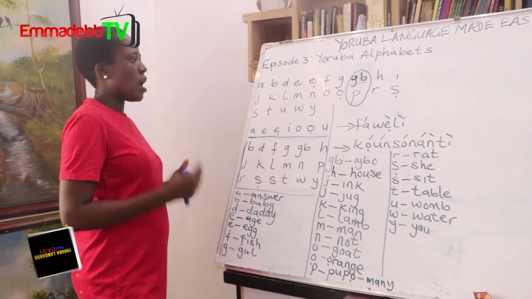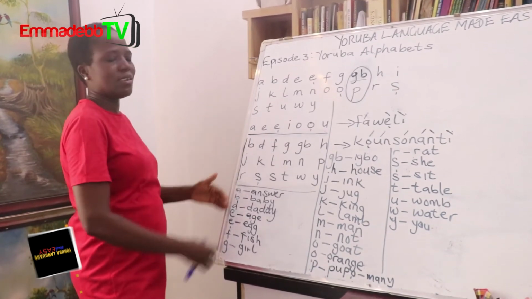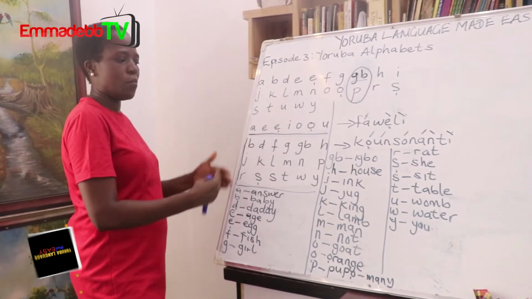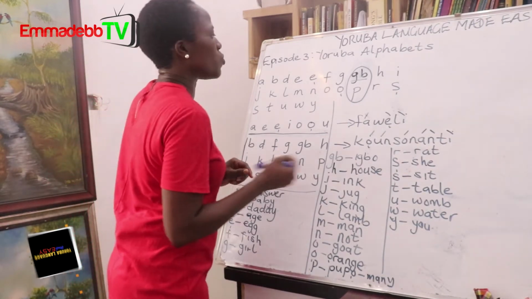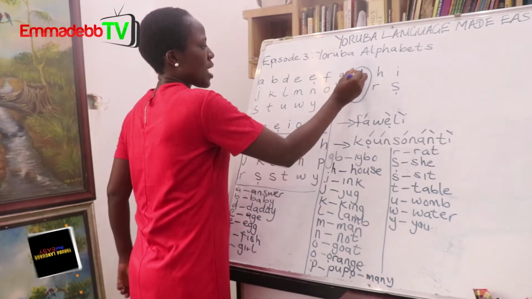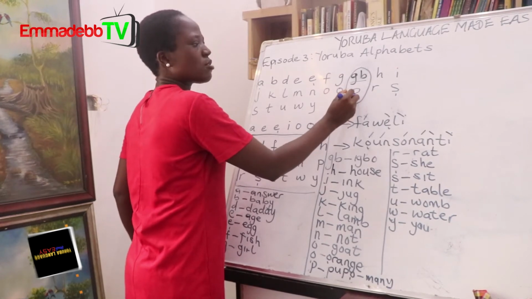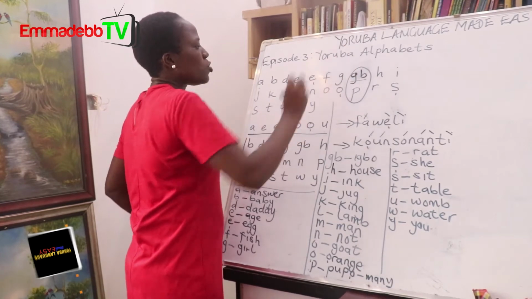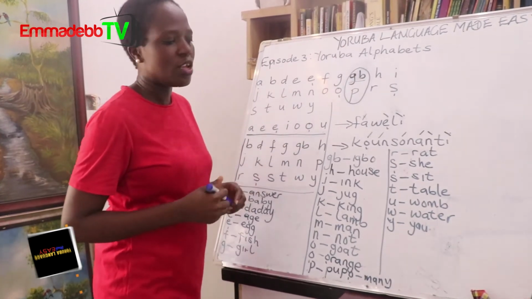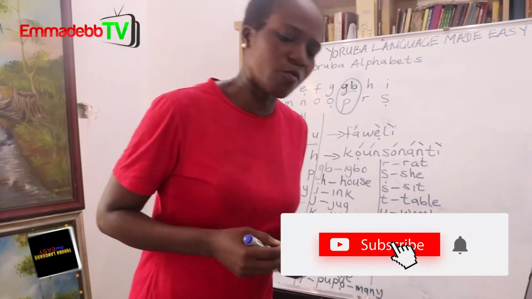If I were you, I would go over the alphabet one by one, like I have pronounced them for us. This is GB, and this is P. Two of them don't have counterparts in English language.